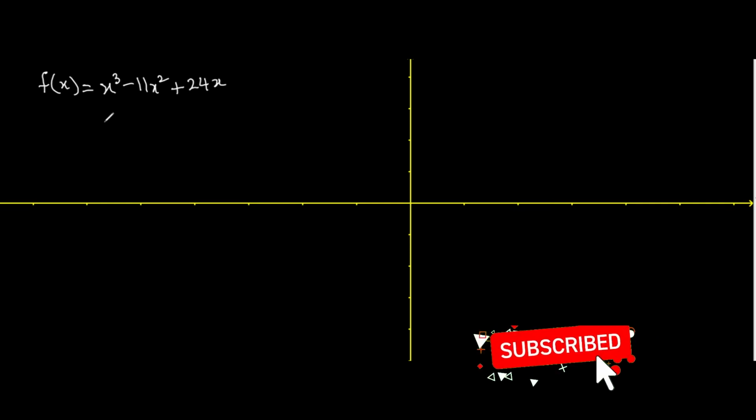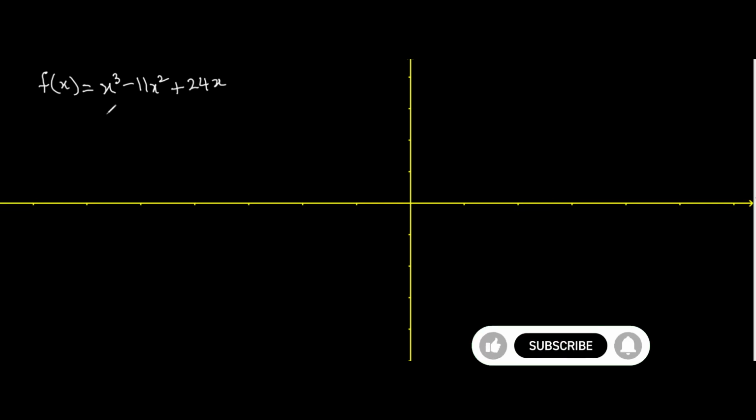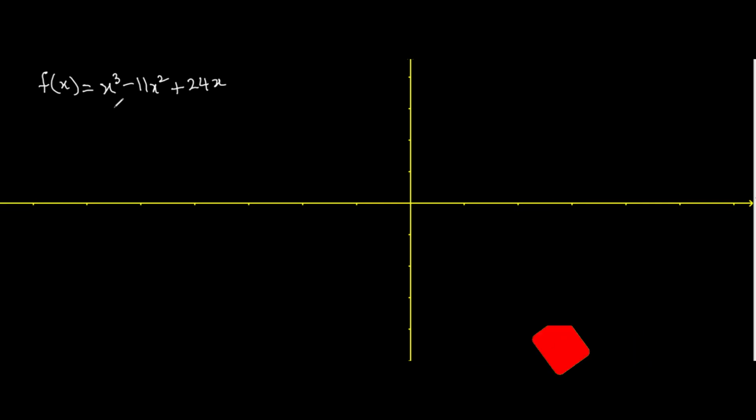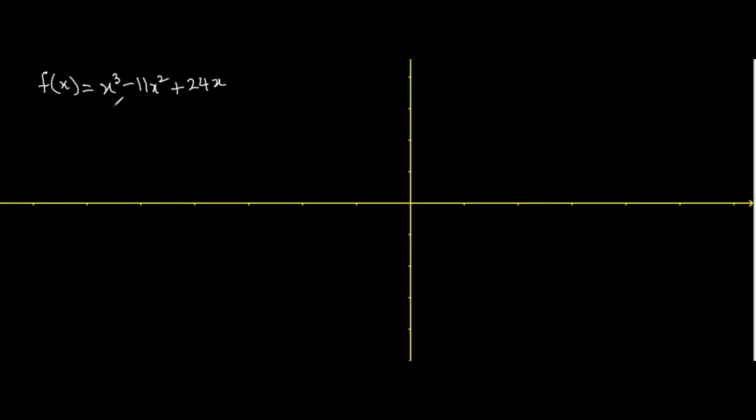So if we have this function and we are expected to sketch this, what are the requirements? Just like we have highlighted before, the necessary steps required. So first, we are going to look at the x-intercept.